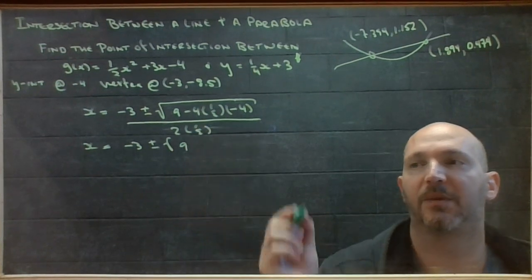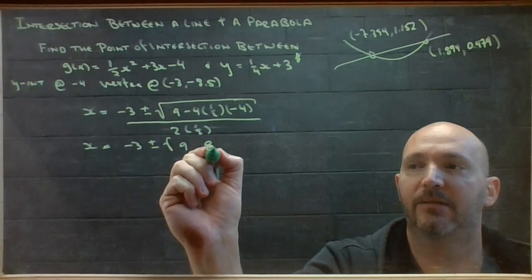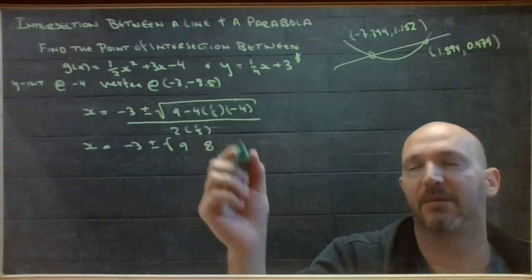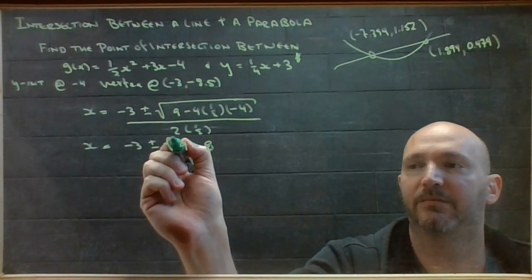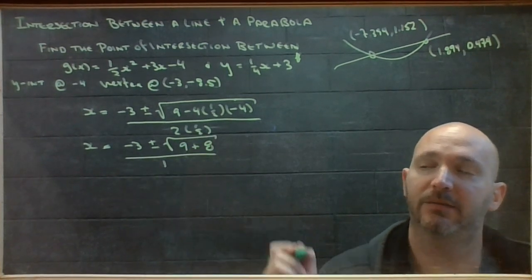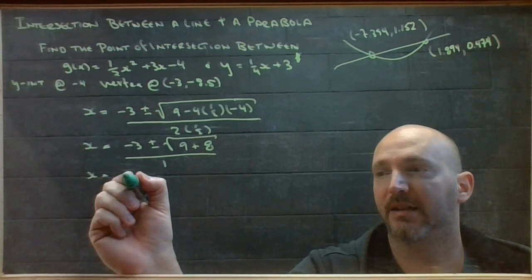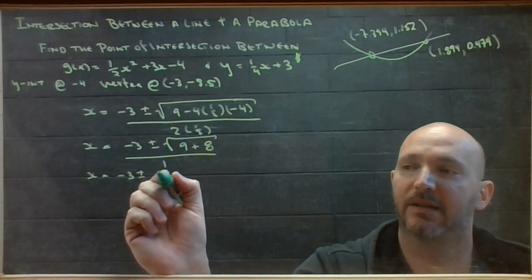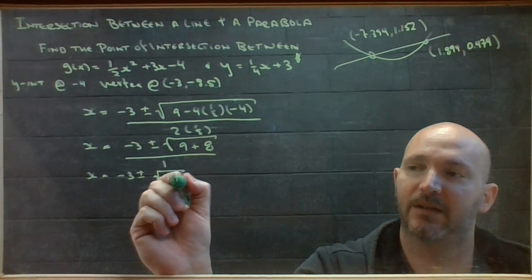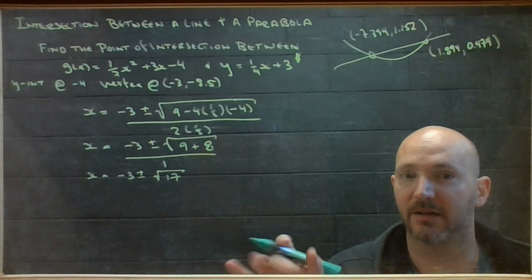So 4 times 1/2 would be 2. 2 times 4 would be 8. A negative times a negative gives me a positive. 2 times 1/2 is 1. So I end up with x is negative 3 plus or minus the square root of 17, all divided by 1. And I'm not going to write that because it's not going to make a difference.